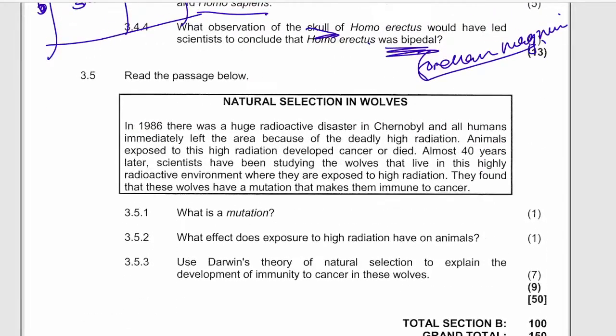3.5 is the last question. 3.5, natural selection in wolves. In 1986, there was a huge radioactive disaster, and all humans immediately left the area because of the deadly high radiation. Animals exposed to this high radiation developed cancer, or died.